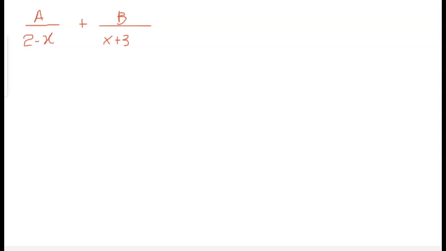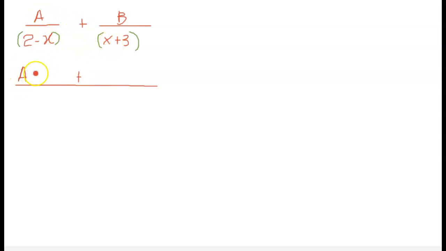The first thing we do is we just put the brackets here, and then we just cross multiply. So this thing will multiply here and this will multiply here, and they two multiply together. Let's have a look. We put a positive sign. A is here.